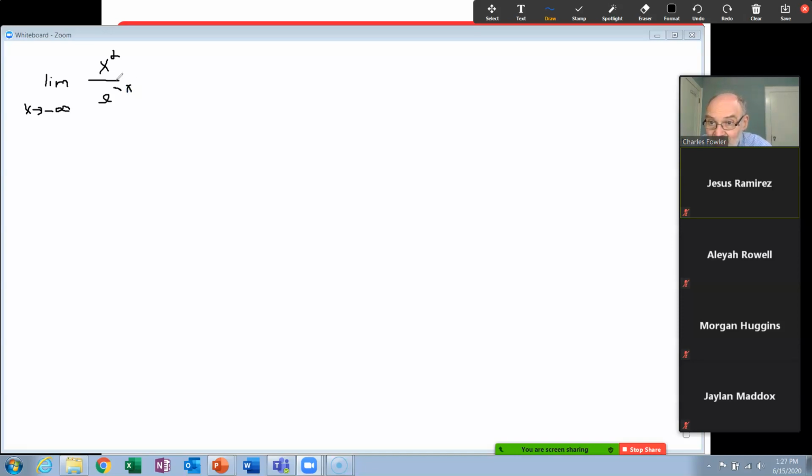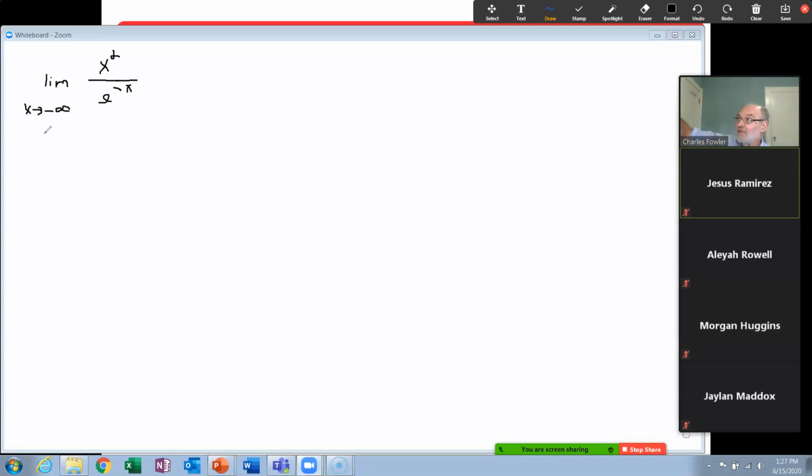Okay, there it is. Now, when I first was doing this, I said, that's not even a L'Hopital's rule problem. And then I realized it's e to the minus x with x going to negative infinity here. When x gets very, very negative, infinitely negative, and you're squaring it, that's going infinitely positive, right?